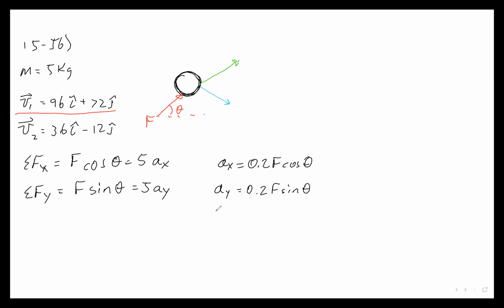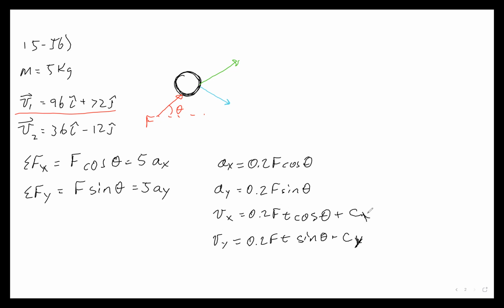So the velocity in x is equal to 0.2 F t cosine theta plus some C, and then the velocity in the y is equal to 0.2 F t sine theta plus another C. So there's a C1 and a C2, or a Cx and a Cy.